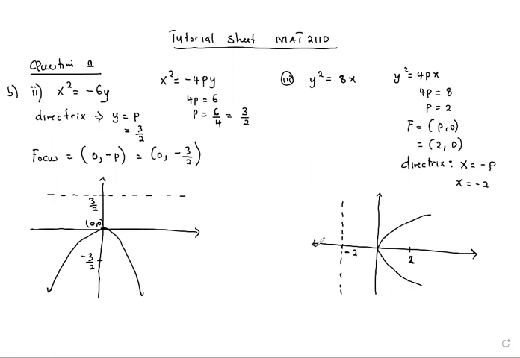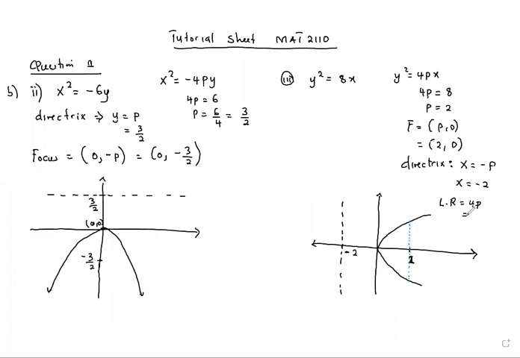So what we've been calling the latus rectum, if you are asked to find the latus rectum here, it's the distance of this line. And there's a formula. It's 4p. So if you're asked to find the latus rectum, you just say 4p.